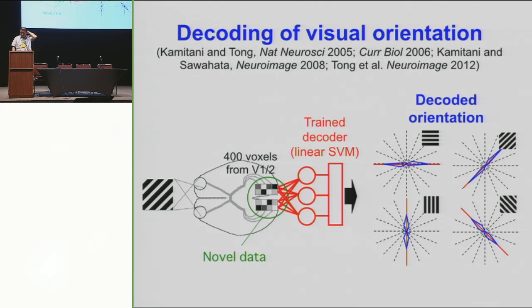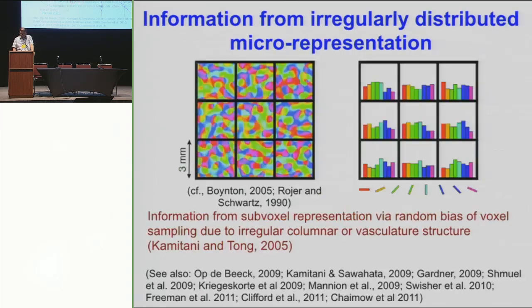And if you're familiar with the functional anatomy of visual cortex, you may wonder why this is possible. Because orientation columns in the visual cortex are very small compared to fMRI voxels used in standard settings.